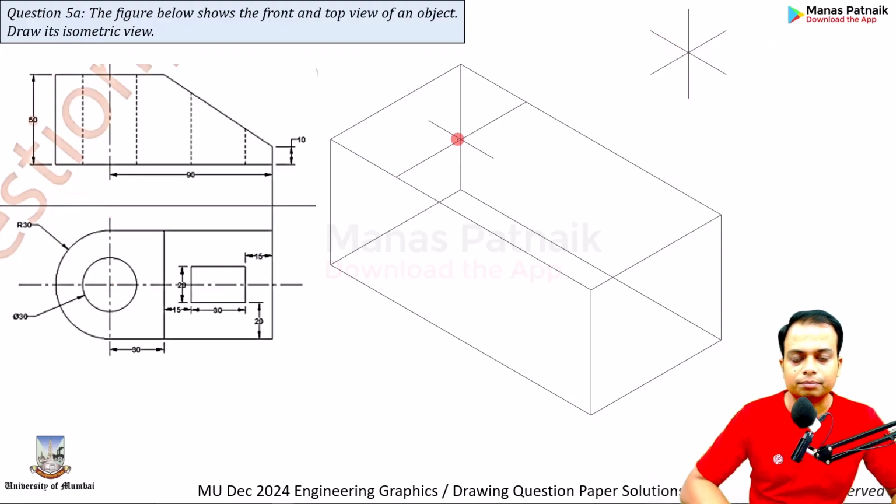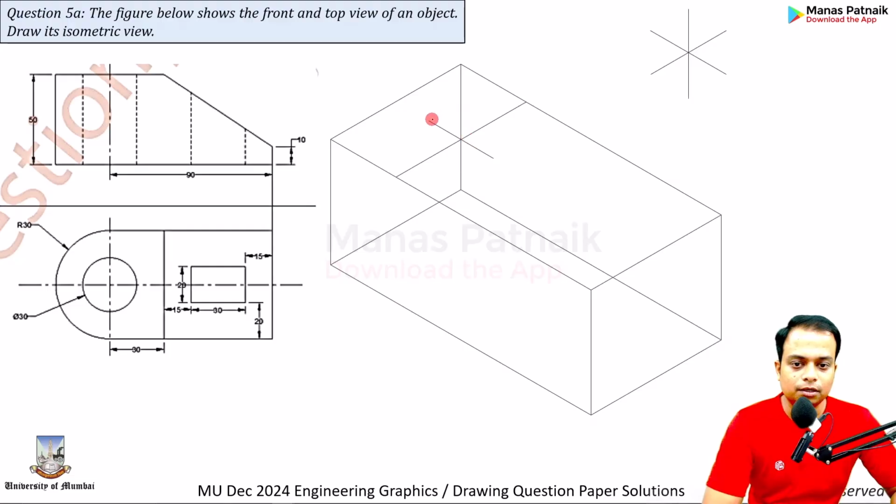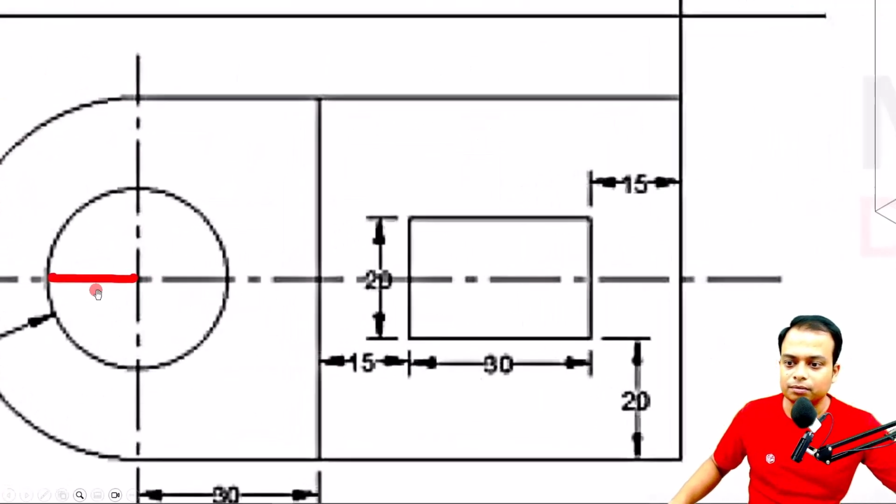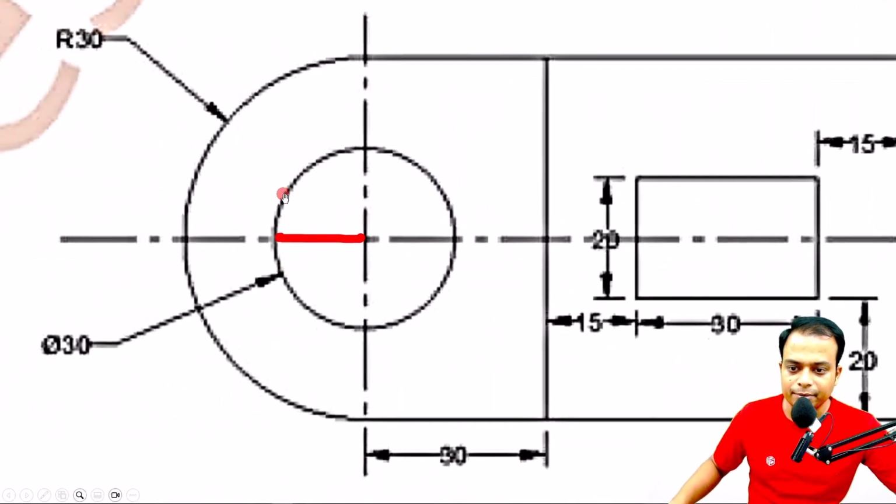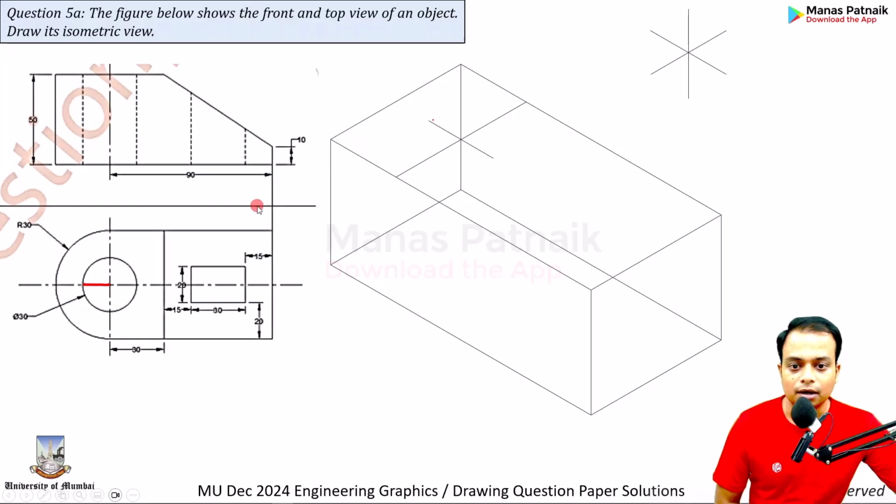Easy. Now, how much is this distance? Let me zoom in. Sir, the diameter of this small circle has been given as 30, hence the radius is 15. So that's 15, 15, 15, 15. Then can you draw this in this fashion?